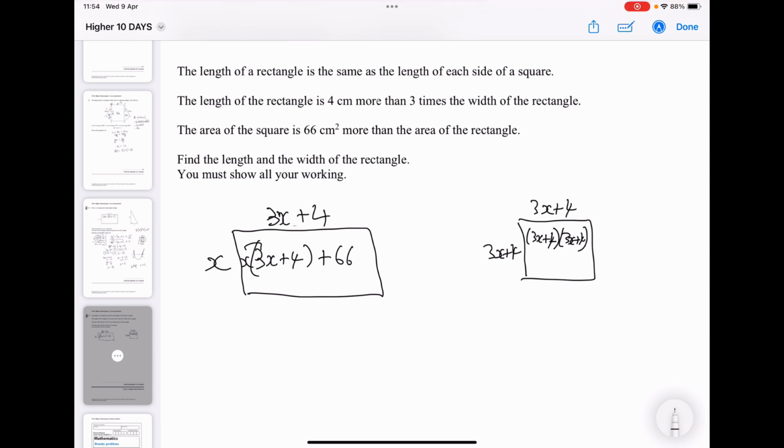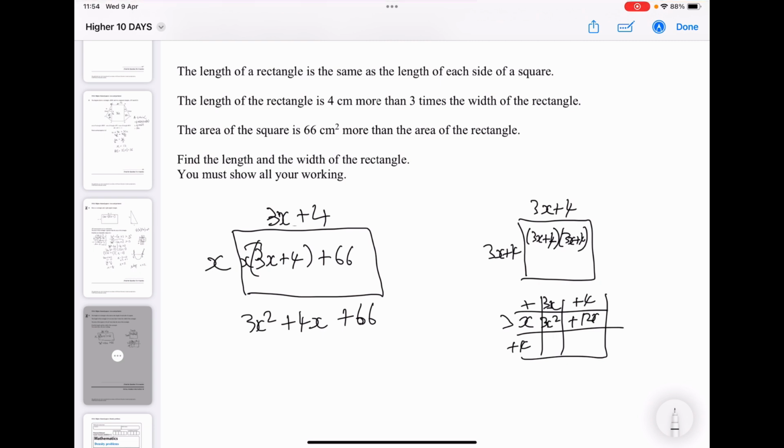So I've got x times 3x, that's 3x squared, plus 4x plus 66. That's this one. Then on this side I've got 3x plus 4 times 3x plus 4. That's 3x squared plus 12x plus 12x plus 16. That gives me, no, not 3x squared, 9x squared. So I've got 9x squared plus 24x plus 16.